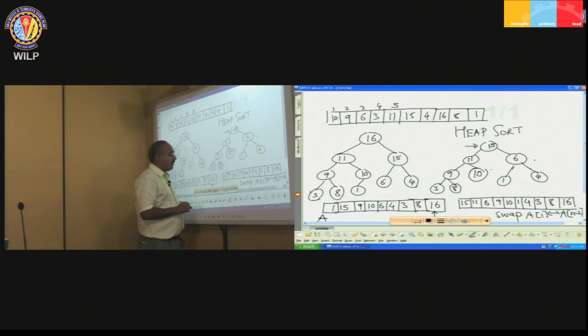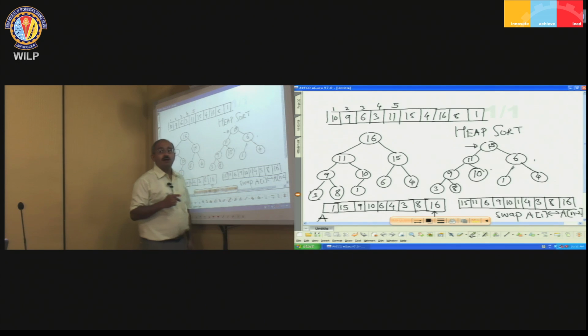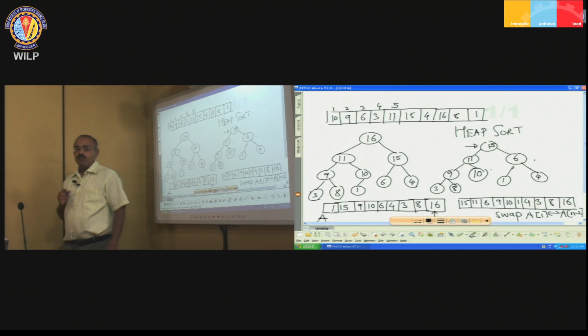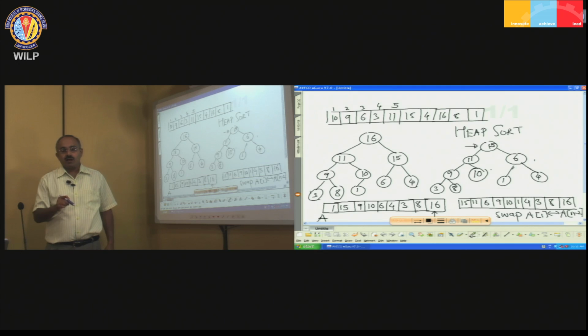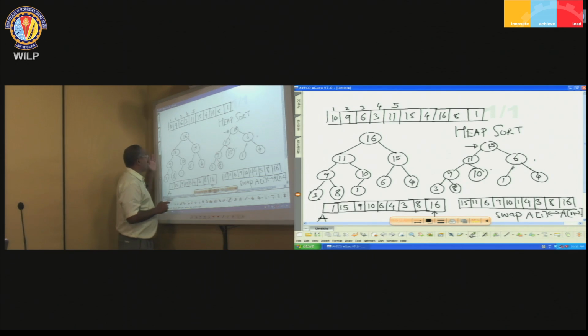Your new array will have 8 here and 15 here, and now you keep on repeating this procedure. At the i-th stage, you will swap A_1 with A_i. As you do this procedure n minus 1 times, you will get this sorted sequence. In the first step, 16 was maximum, so we swapped A_1 with A_n.